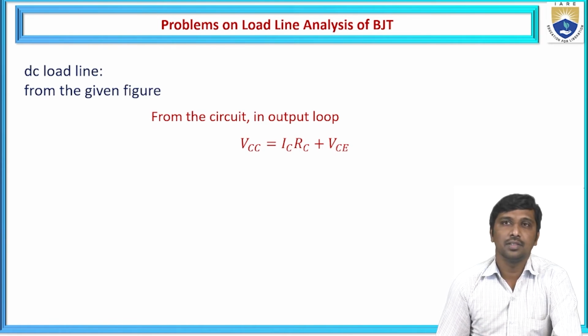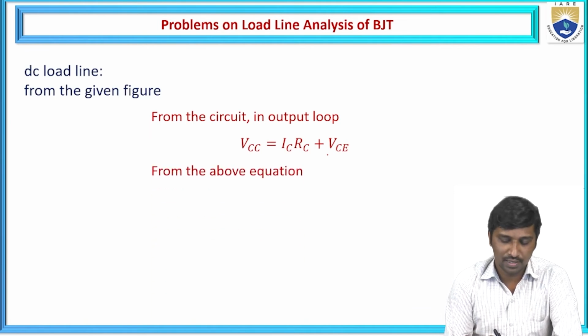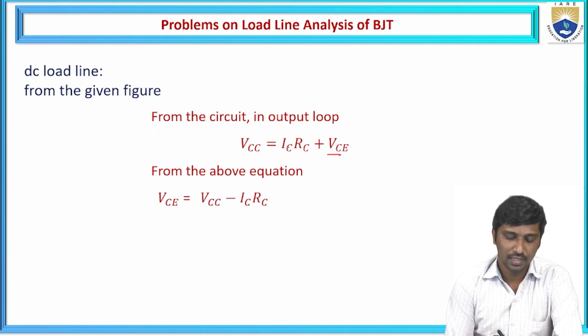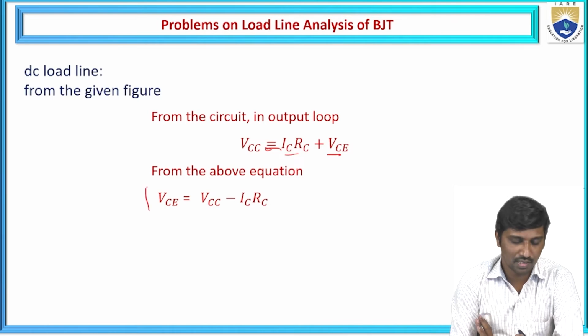From this circuit, if you want to find the output voltage, which one is the output voltage? VCE acts as the output voltage. Hence, taking this term outside, VCE is equal to VCC minus IC times RC.